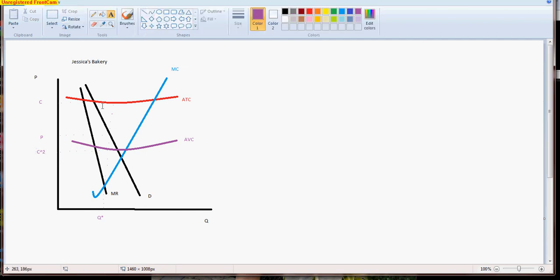So this is showing why you would want to stay open in the short run, because even though we're making losses, I'm going to show where the loss is. So this is all a loss through here, because your average total costs are above what you would be receiving from customers for the price that was set at that quantity.